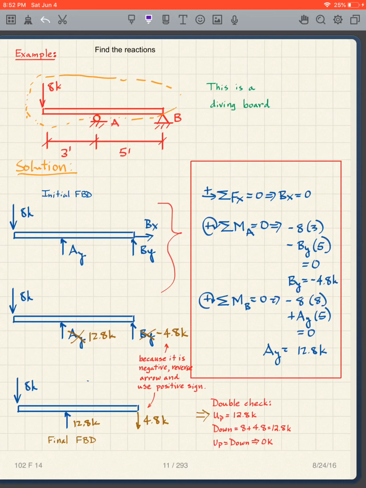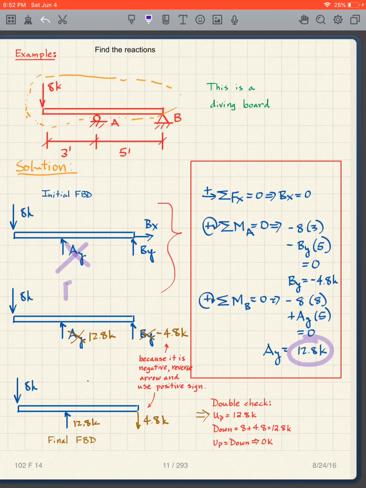Now the next step, again, this is very important, is that you now take your initial free body diagram and you now substitute these numbers that we found. So we have to be true to those numbers. And what does that mean? I got Ay is 12.8.